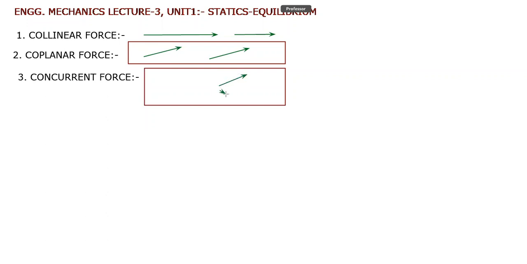So now these forces are emerging from the same point. So that's why you can call it concurrent. Or they will meet at the same point. So therefore also you can call them concurrent. Emerging from the same point or intersecting, connecting at the same point.